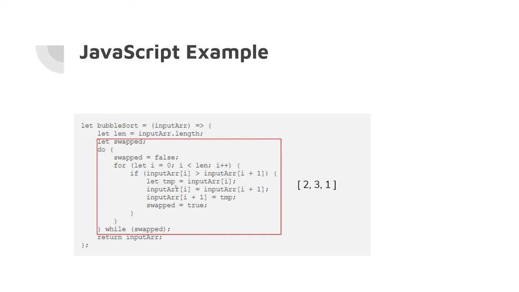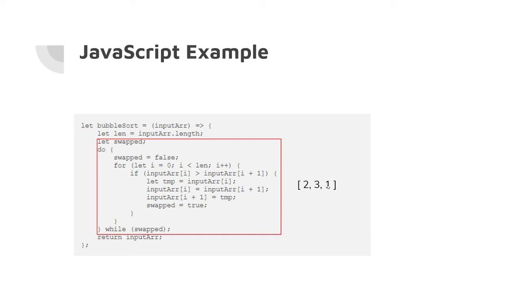And here, what the conditional is basically doing is storing a temporary value of the current index, which is index 1, so it is storing the value of 3 from the middle position. And then it's going to assign the current index the value found in the next index, which is 1.